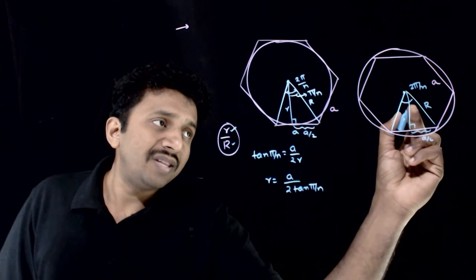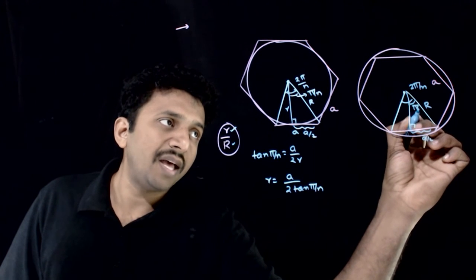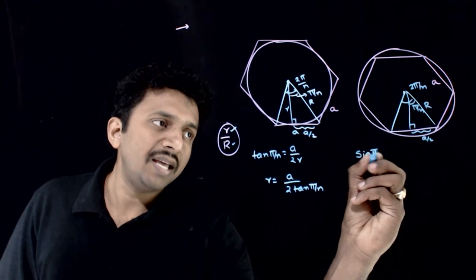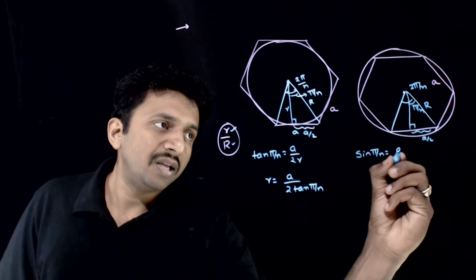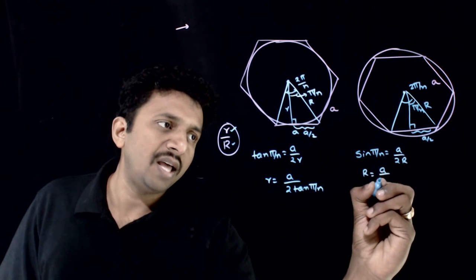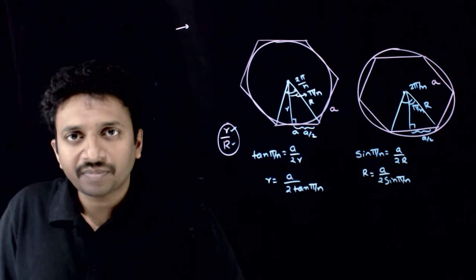So to find capital R, what ratio do I use? This angle is pi by n, so I use sin pi by n. Sin pi by n is equal to a by 2R. So capital R is equal to a by 2 sin pi by n.